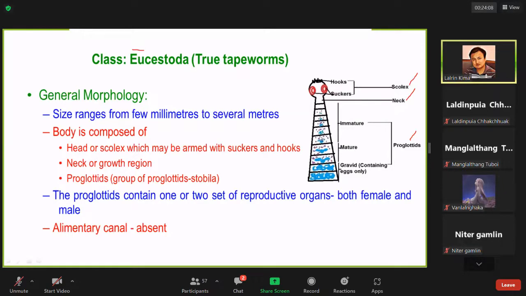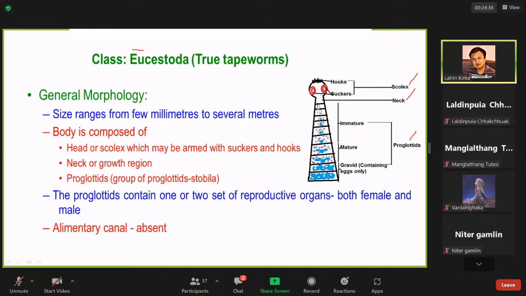Let's talk about the proglottid. The scolex is only for attachment. There is no metabolic importance of the scolex. I'm repeating, there is no metabolic importance of the scolex. It is for mere attachment. Next, the neck. From the neck, new segments will be growing.